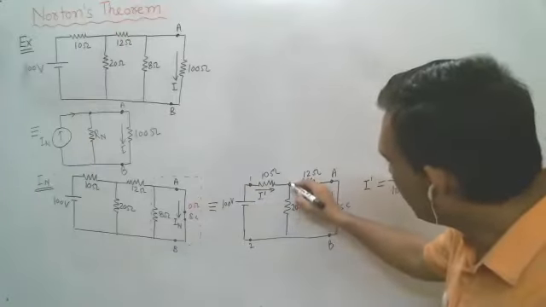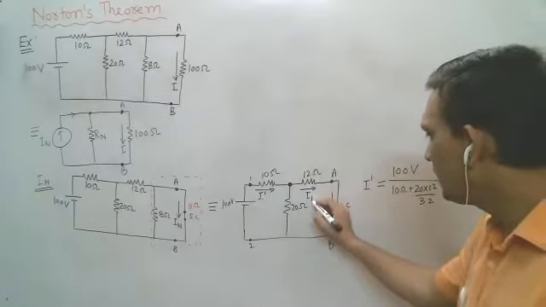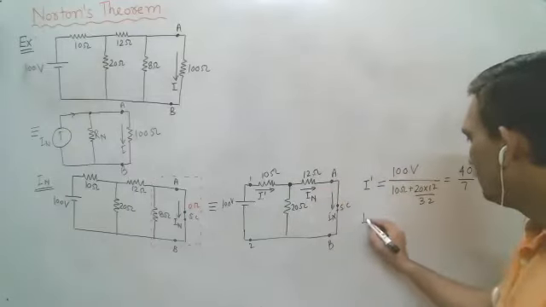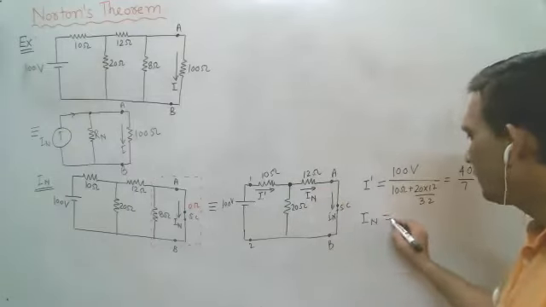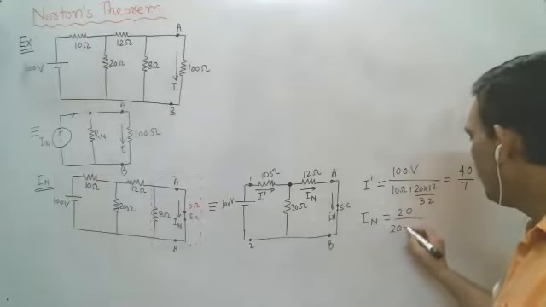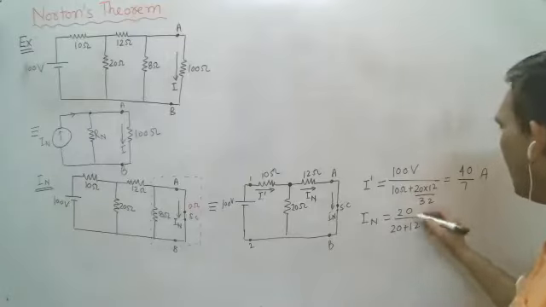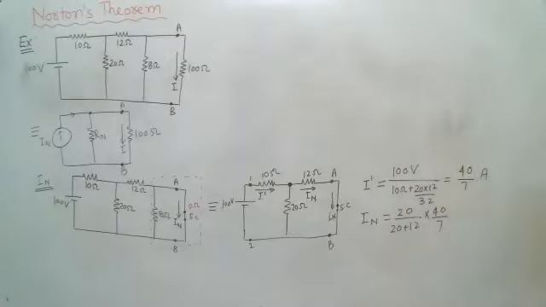Then apply current division at this node because you have to find the current IN. This current is IN. So IN will be 20 by 20 plus 12 into 40 by 7, that is I dash. And this value will be 25 by 7 ampere.